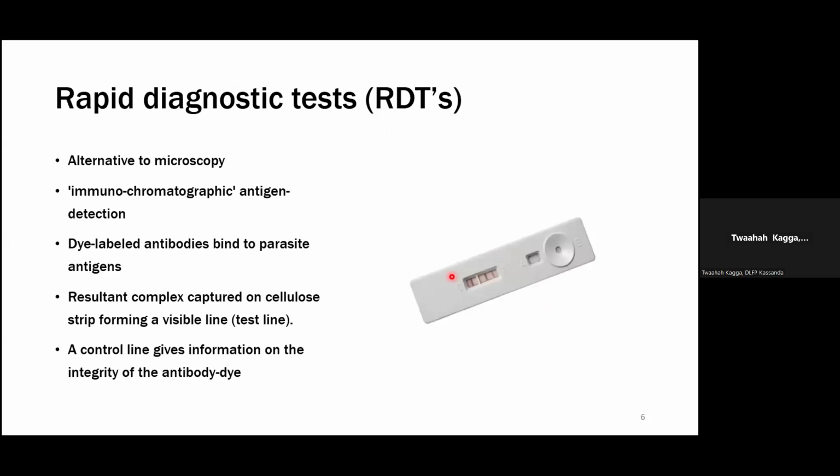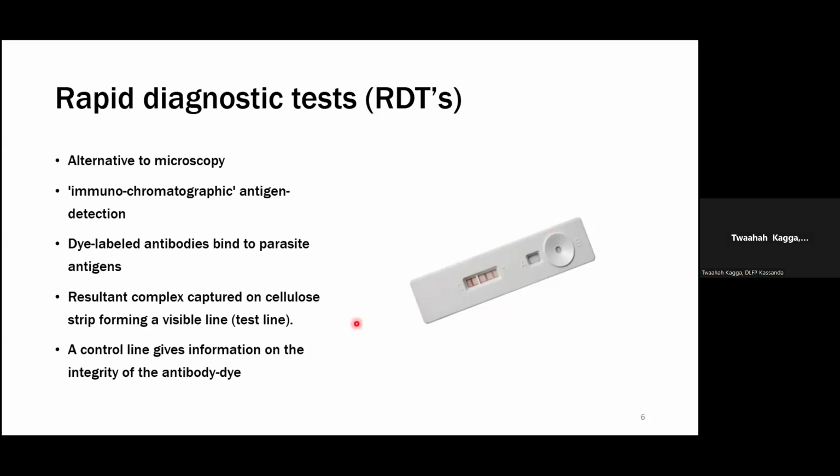Another method is the rapid diagnostic tests, also commonly known as the RDTs. This is an example of an RDT, a cassette, but these RDTs are used as an alternative to microscopy in places where microscopy cannot be achieved due to one factor or the other.